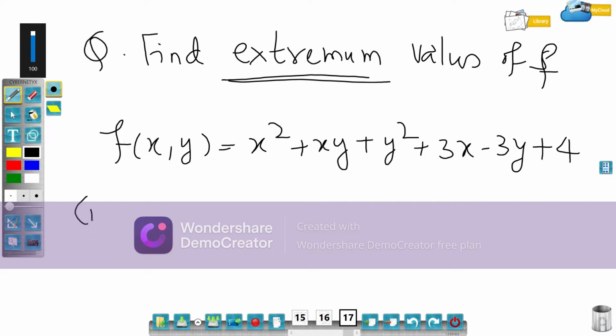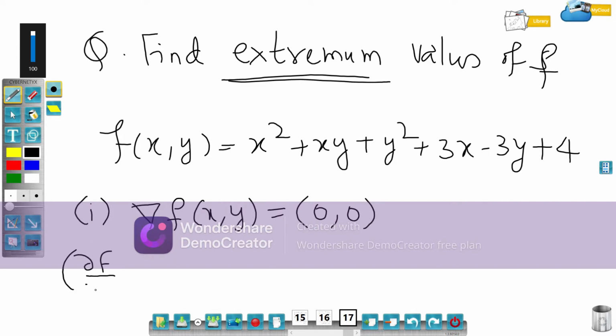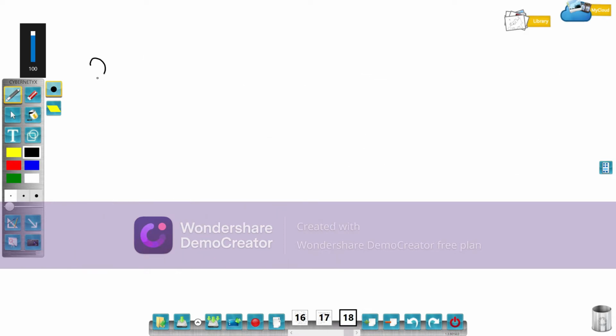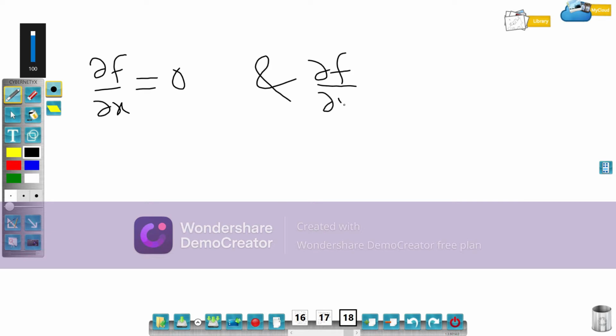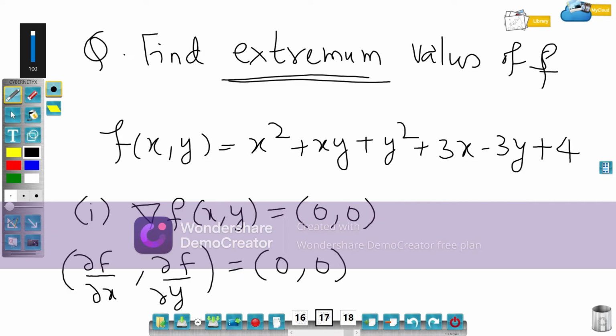Our first step is to find the stationary point. So the gradient of f I need to find out. The gradient of f(x, y) we should equate to (0, 0). That means dou f upon dou x, dou f upon dou y should be equated to 0 to get this stationary point. These two vectors are equal if the corresponding components are equal.